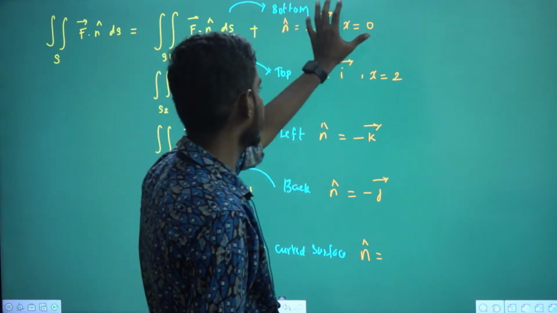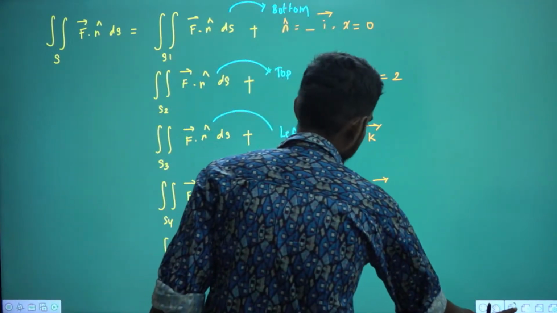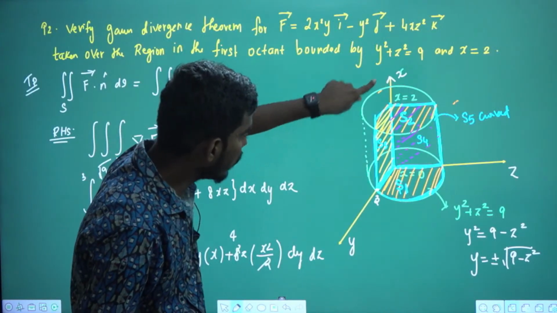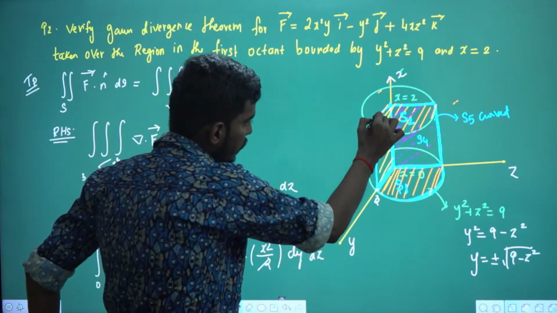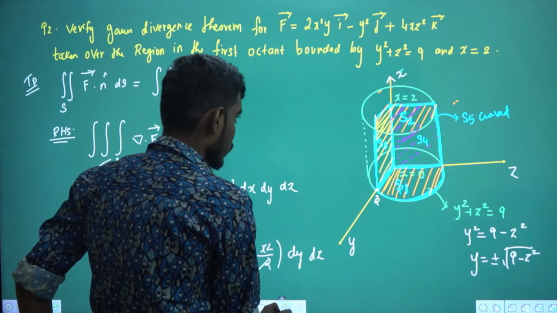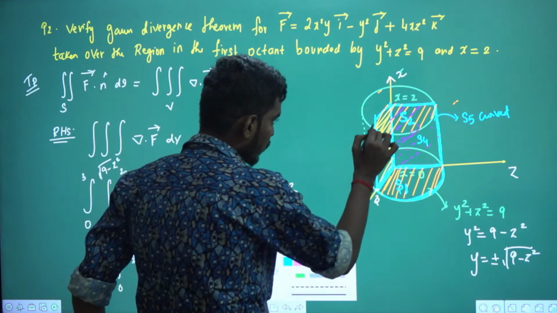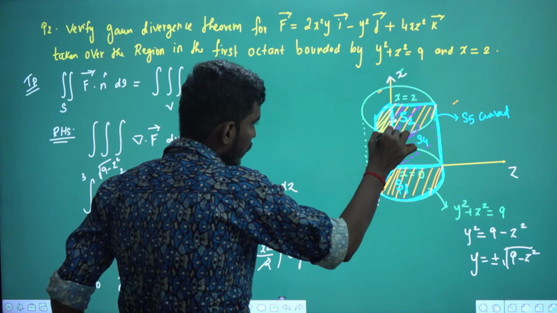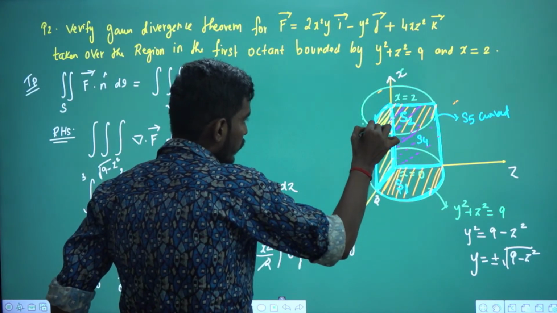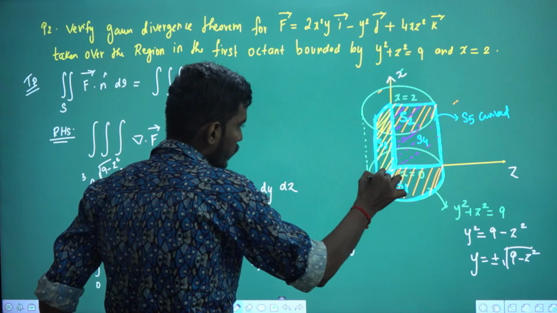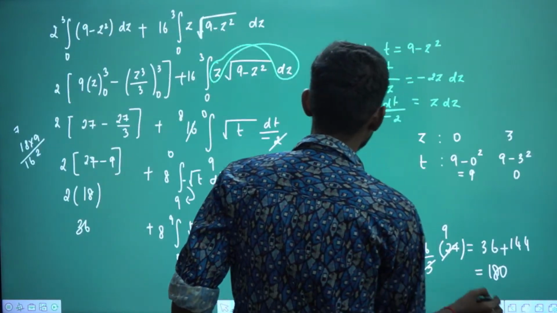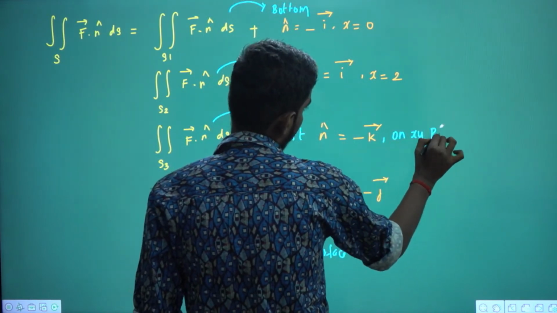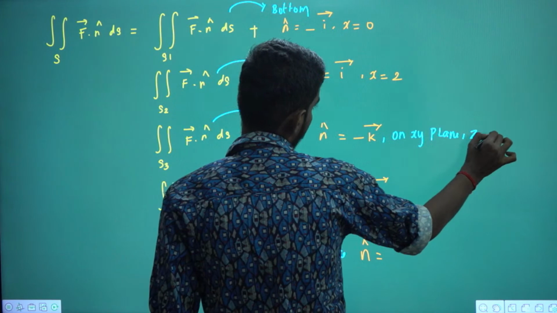Now, for this your x is 0, x is 2. For the left surface, you can see this left surface lies on the xy plane. So, if it lies on the xy plane, your z will be 0.